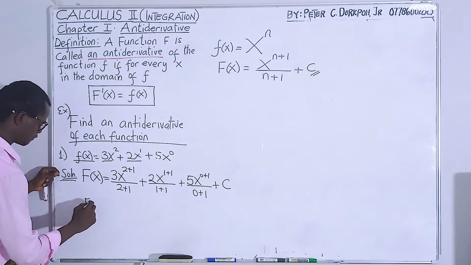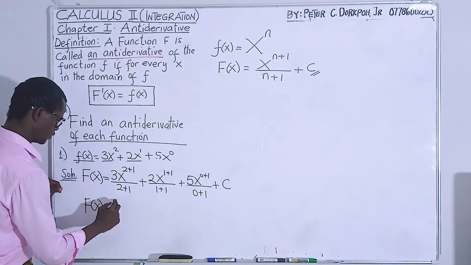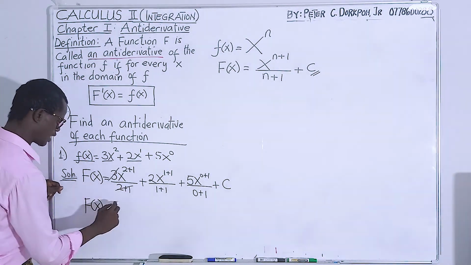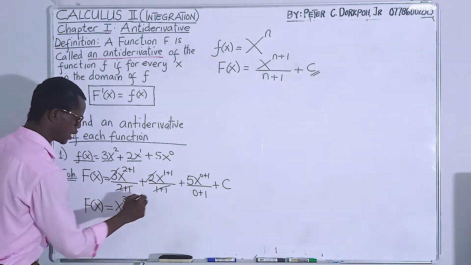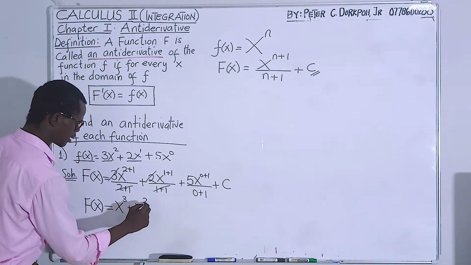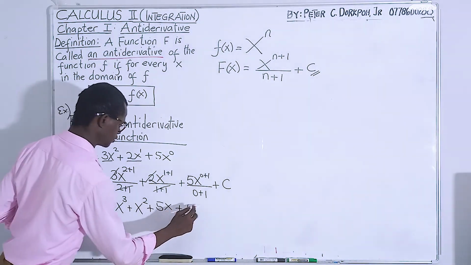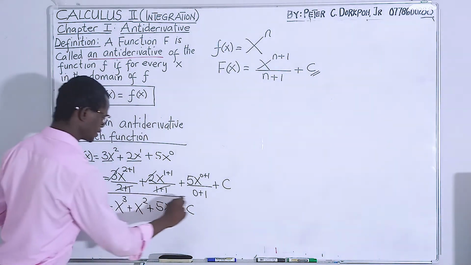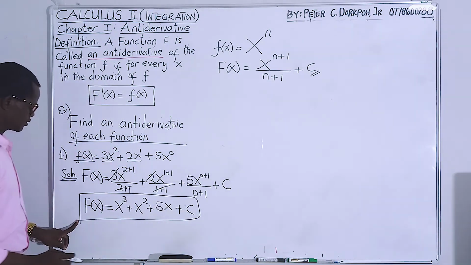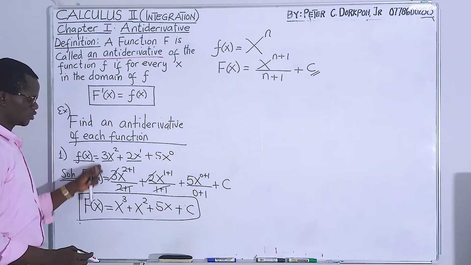So we have this antiderivative to be x to the third power, the 3s cancel, plus x to the second power, the 2s cancel, plus 5x plus c. So this is an antiderivative of this function.